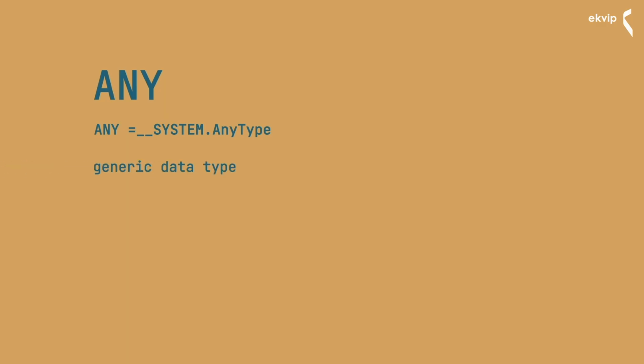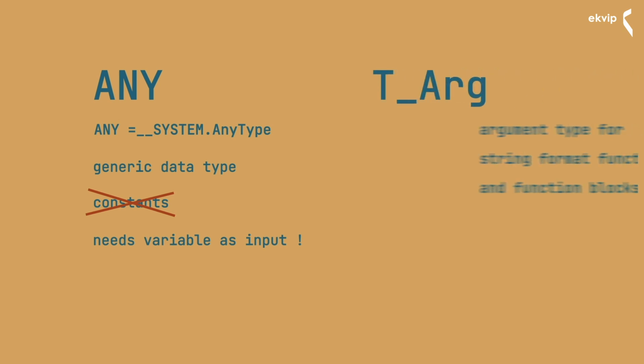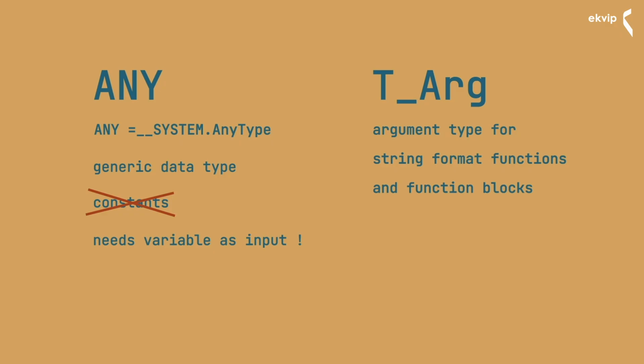Any is a generic data type for input parameters and can't be assigned to constants. Any always needs a variable as input, because a pointer to the actual value is transferred and therefore you need a memory address. TArg is an argument type for string format functions and function blocks. TArg is the predecessor of any. Any was defined in the IEC 61131-3.